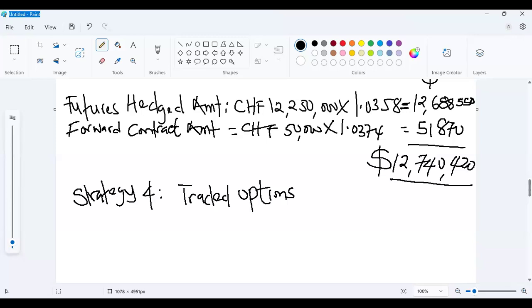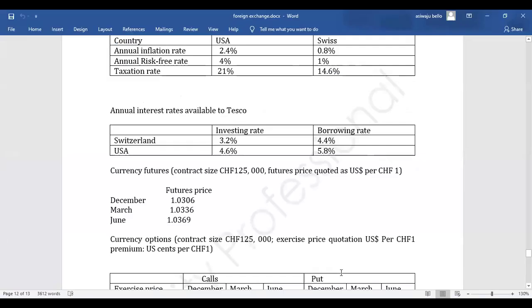Now, how do we differentiate which one the examiner is testing? For over-the-counter currency options, the question is always direct. But for exchange-traded currency options, the examiner will specify the contract size.